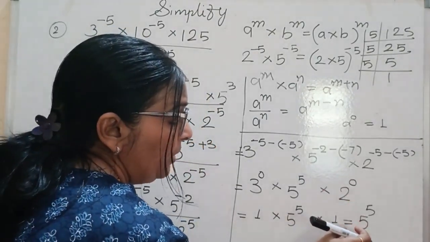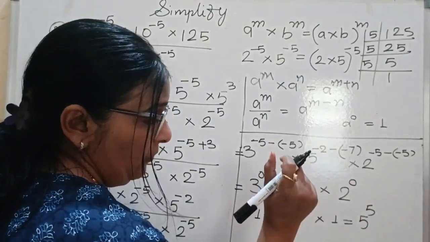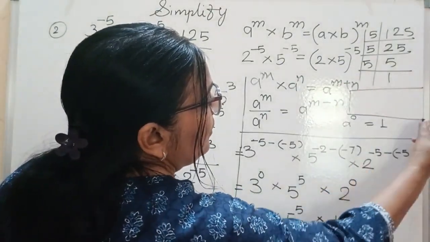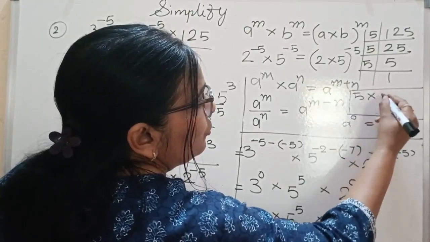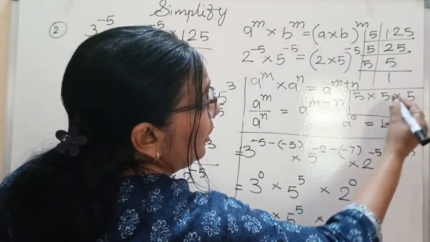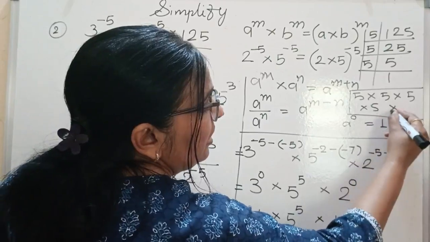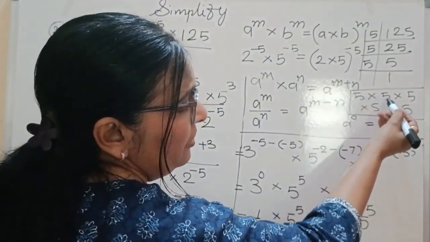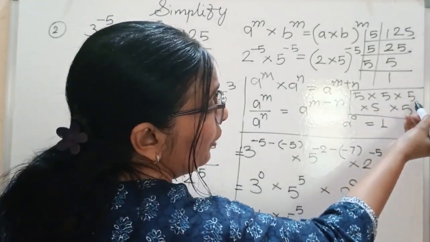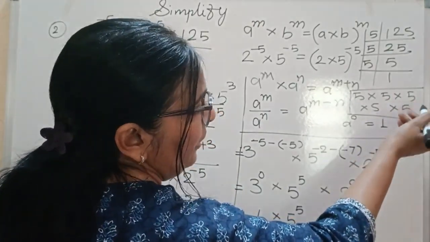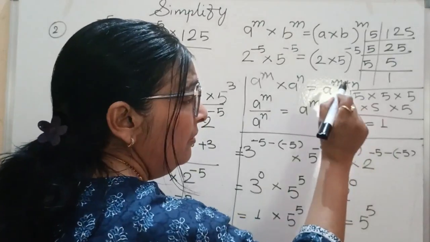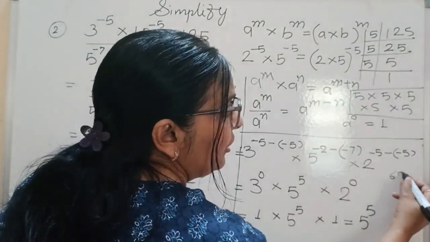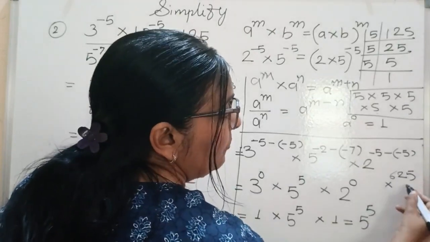Now how many times you are multiplying 5? 5 times. So what I will do here? Here I am doing. I hope you can see here. 5 into 5 into 5 into 5 into 5. Okay. So 5 5s are 25. 25 5s are 125. 125 5s are 625. 625 multiplied by 5.